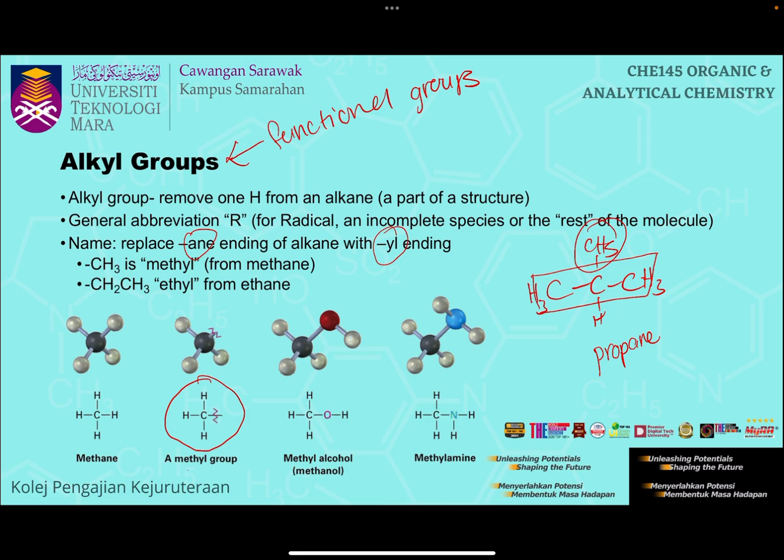Now this is an alkyl group. It's a branch already. Because it's only one carbon, it's met, so methyl, and then carbon number 2. So 2-methylpropane. Please don't write 2-methane propane. It's incorrect. If the alkane is a branch, then you have to change it to alkyl. The A and E change to YL.